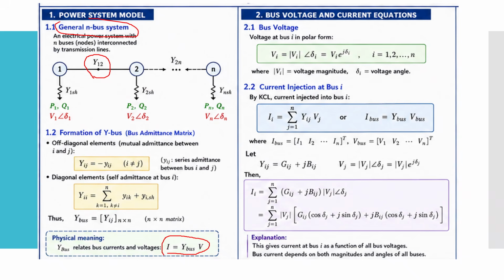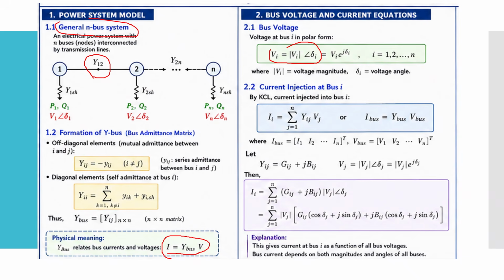I is equal to Y bus times V. So if we want to get the voltage from the current, we multiply both sides by the inverse of Y bus. So the bus voltage and the current equation can be related to each other by using the polar form of the equation. For example, Vi can be represented as the magnitude of Vi at angle delta i.